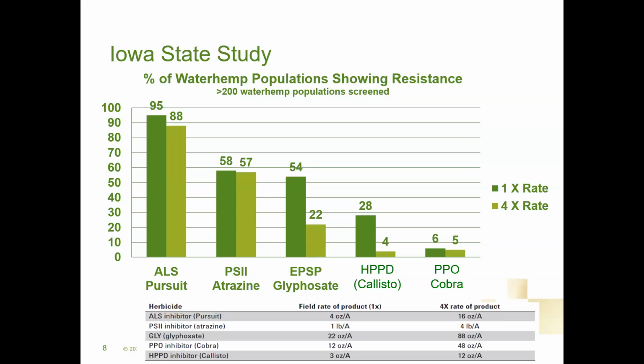So that the Pursuit molecule no longer binds to where it needs to bind to control that weed. And so with that, we wouldn't expect an increase in rate to have much better control. And you can see there isn't a whole lot of difference between a 1x rate and a 4x rate.